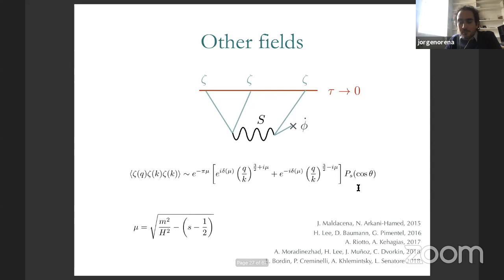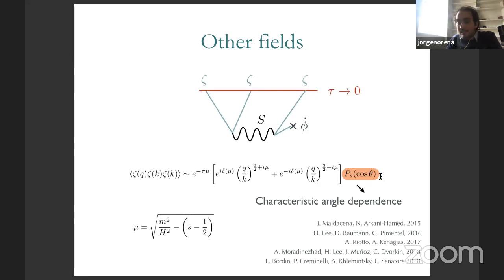And it was shown first in this paper of 2015 and then later in others, that generically, in any of these theories, when you exchange a non-zero spin field, you always get this characteristic angular dependence, where the angle is the angle between the short mode k and q.